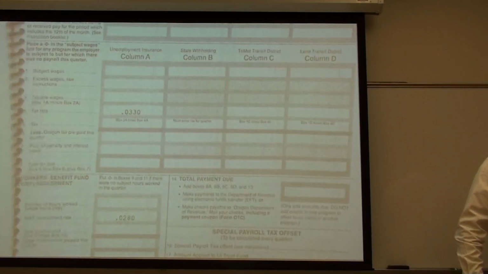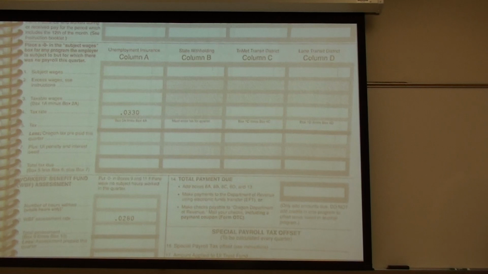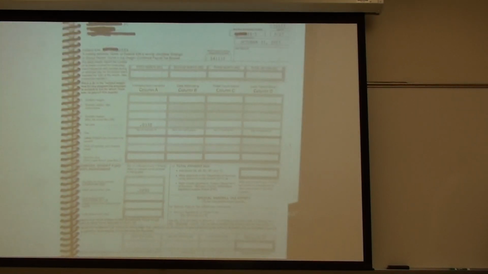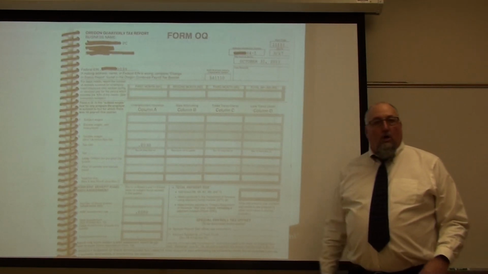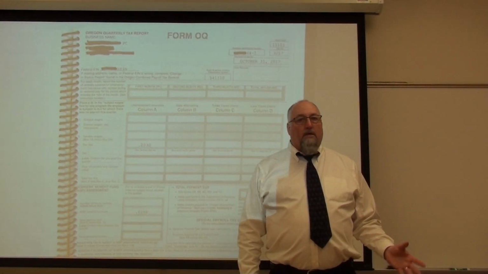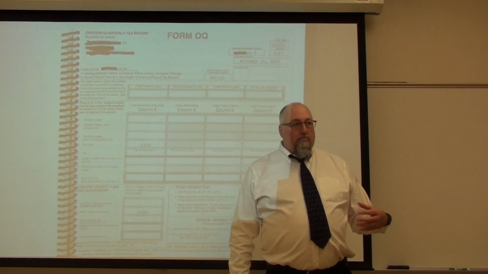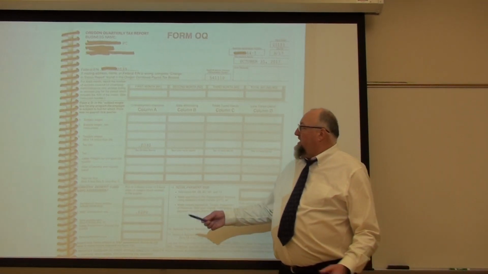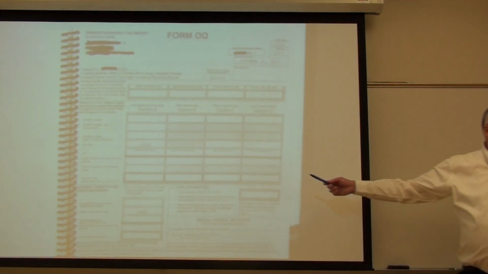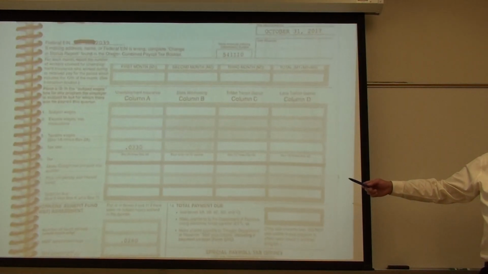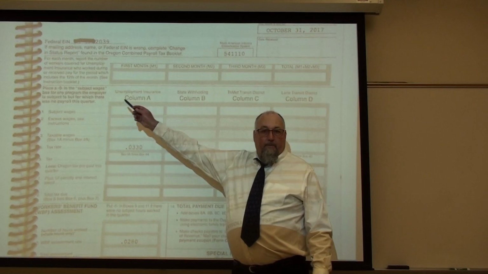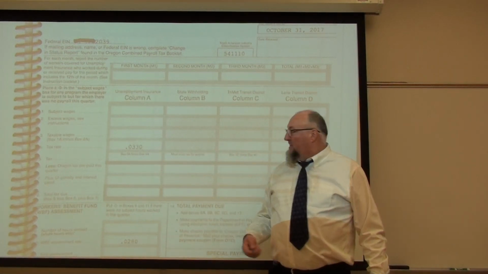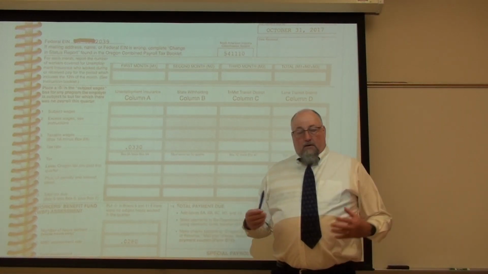On the state side, you have to file what's on page 95. This is the state of Oregon, and it's called Form OQ, which stands for Oregon Quarterly Payroll Tax Return. Same thing, number of employees at the top. Then with Oregon, as with the federal, we have unemployment insurance that the employer has to pay based upon their tax rating.